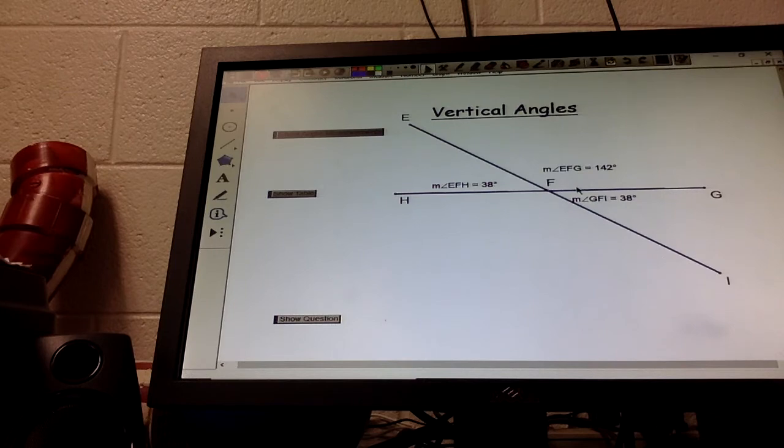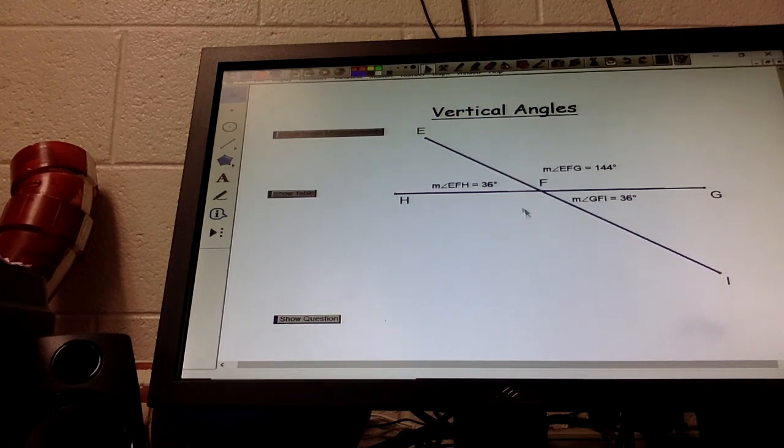So it's the same idea over here. If I take, let's say I move this, right? These two are still the same. These two angles are linear pairs, which means this angle plus this obtuse angle, HFI, is going to be 180. Well, we just did that up here.